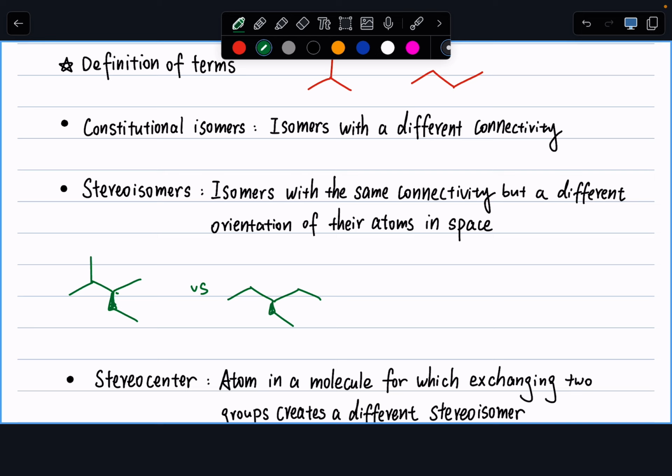Are they constitutional isomers or stereoisomers? Constitutional isomers, because the connectivity is different. All right, and what about this pair? We have it wedged out versus dashed. So their connectivity is the same, and these are stereoisomers.